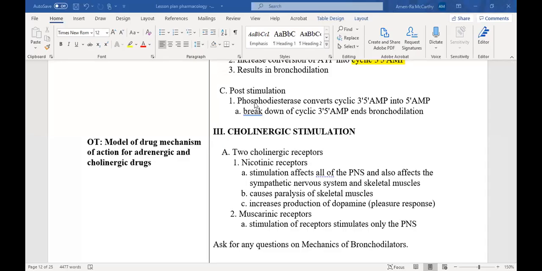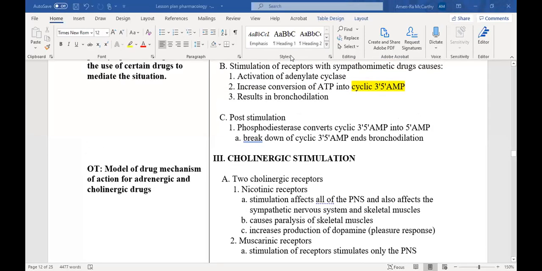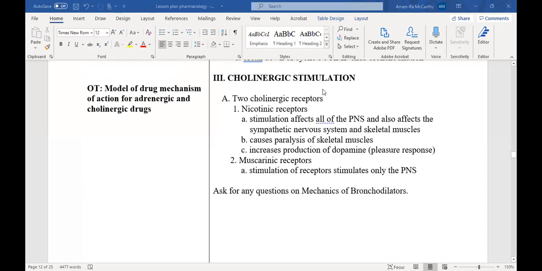So if we want post-stimulation, after the stimulation is there, it starts to end because of phosphodiesterase. But if we want to, we can take a drug that will block phosphodiesterase and keep our 3,5 AMP. Okay, good. Now, that was the adrenergic stimulation. That's what happens with adrenergic stimulation. You take an adrenergic bronchodilator, aka sympathomimetic drug, and it's going to hit either the alpha, beta 1, beta 2 receptor.